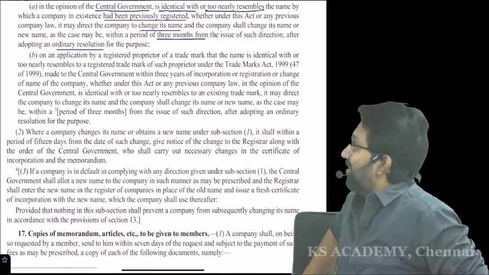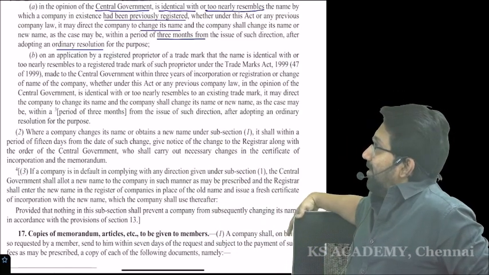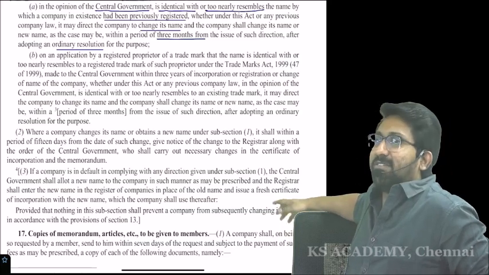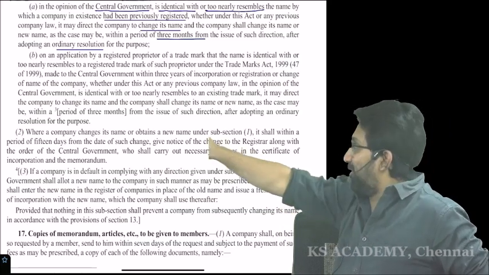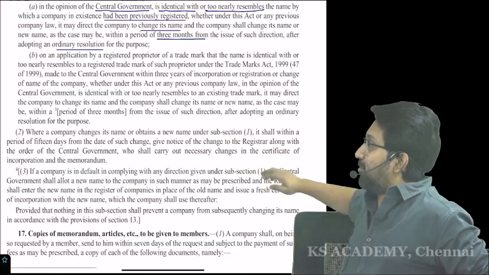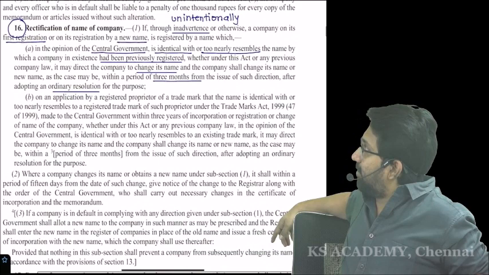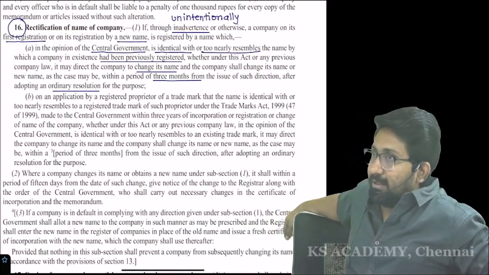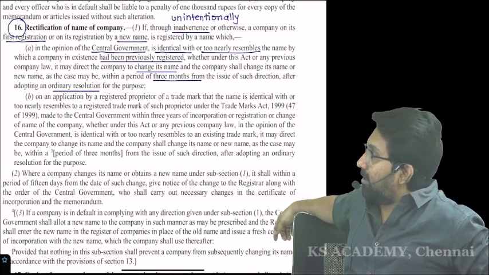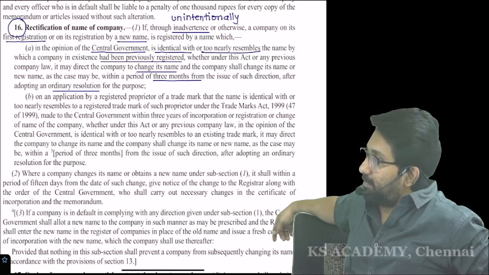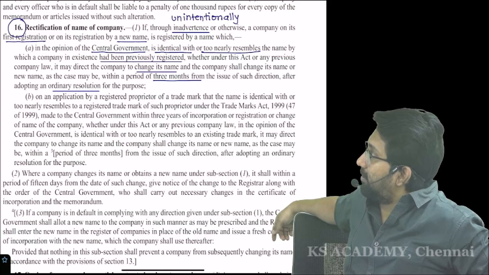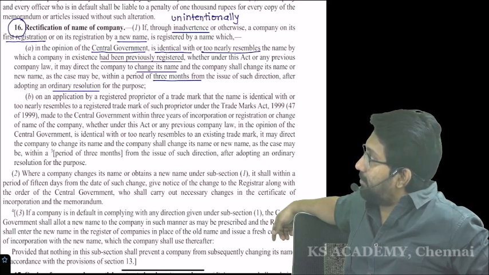Act 2. You should come. When any company's trademark has been registered, hey, 1 second. Not for you. For them I am telling. Please don't make noise. From the beginning you should tell. Don't tell only trademark. Okay, sir. So, where a company's name has been registered identical to the existing company's name, the central government gives a notice to the company to change its name to another new name within a time period of 3 months.